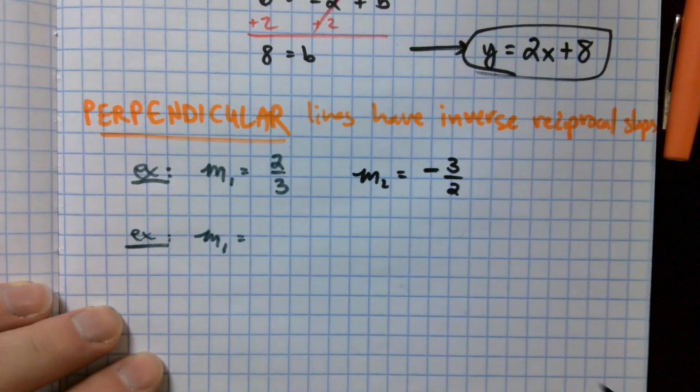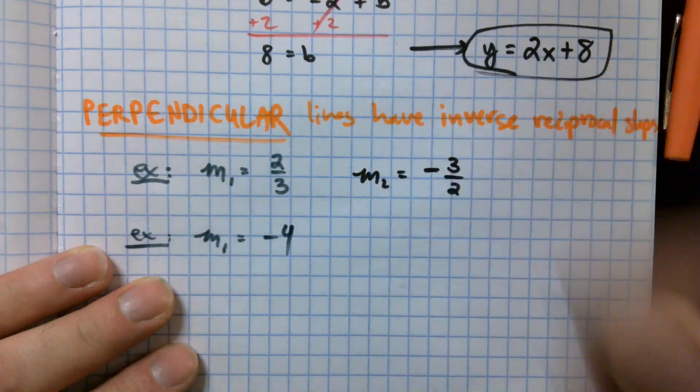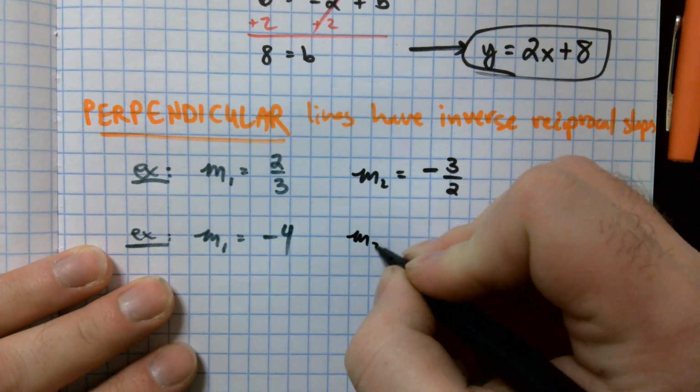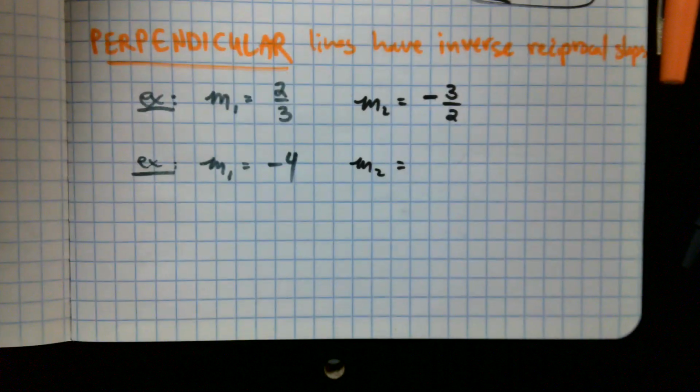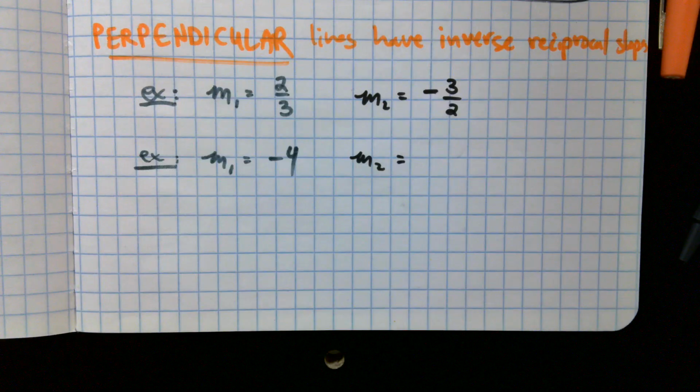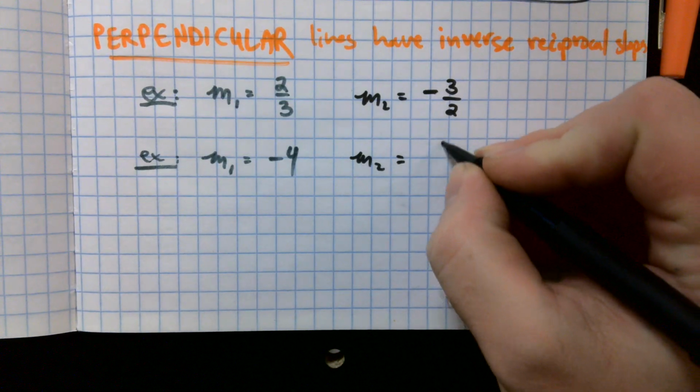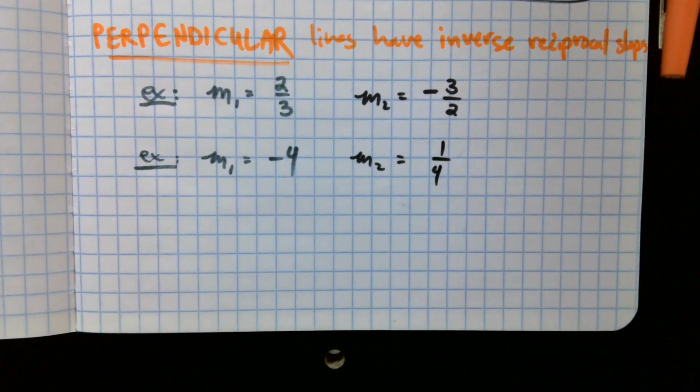If I have a slope of -4, what would be the inverse reciprocal of -4? Positive 1/4.